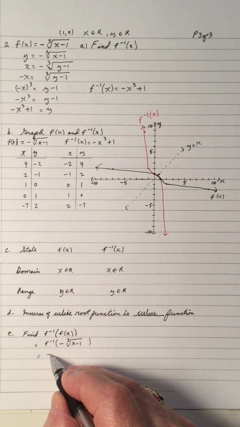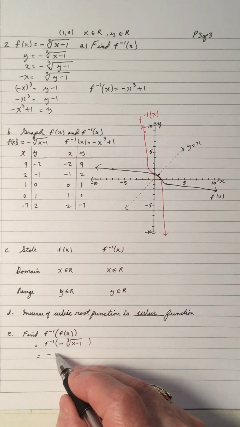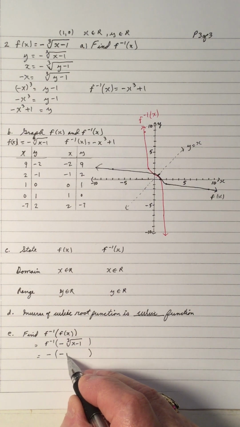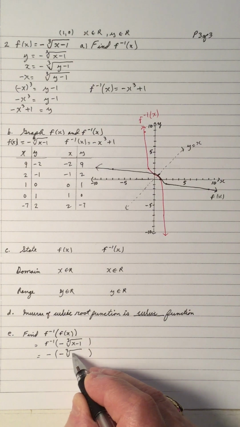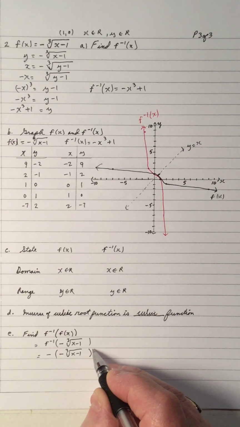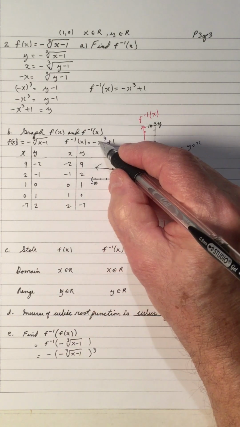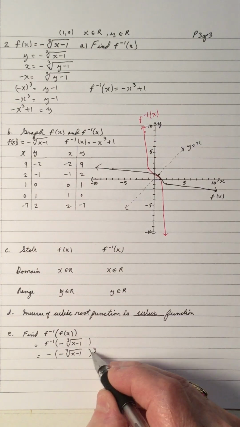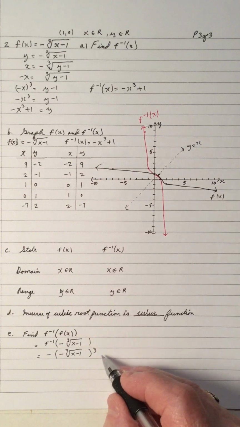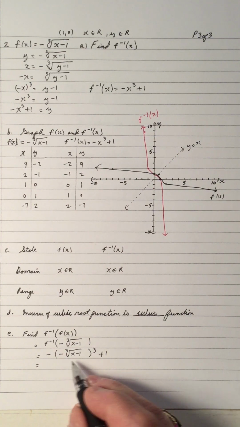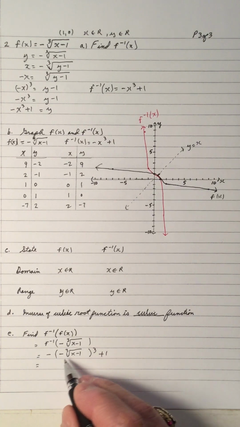So I have a negative, and x's are being a cube, so I'll do this. And it's being cubed, so there's the negative right there. I'm subbing in the place of x, which is here. There's the cube right here, and that's a plus 1. So I have to cube this first because I got to do the power.